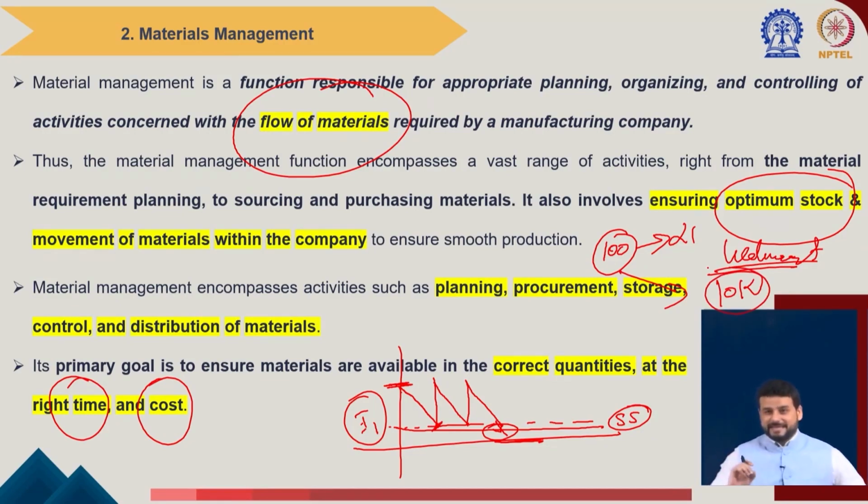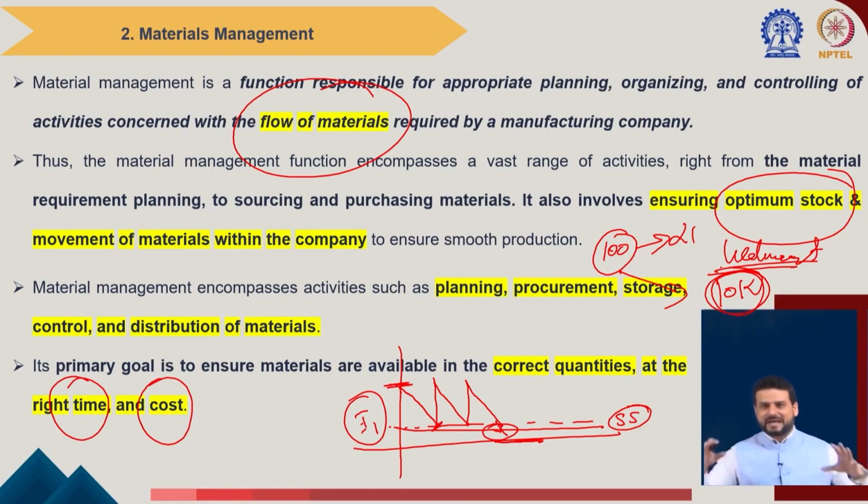Walmart is maintaining the inventory, but they have negotiation power over the other players, because they are placing large orders with their suppliers. They can negotiate not only on cost, but on quality also, and the timing, when they want the delivery, right?